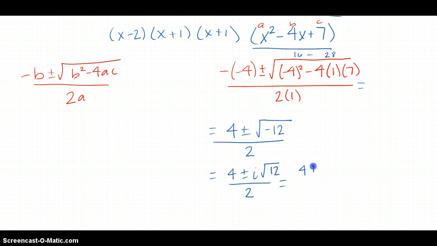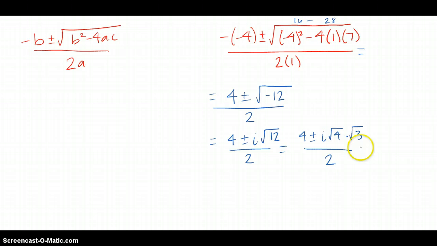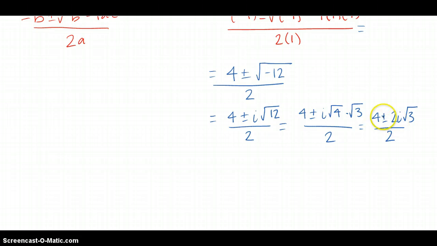I'm going to write this out step by step here, as the square root of 4 times the square root of 3. And the square root of 4 you know to be 2. So your next line would be 4 plus or minus 2i square root of 3, all over 2. And you can simplify that 4, 2, and the 2.